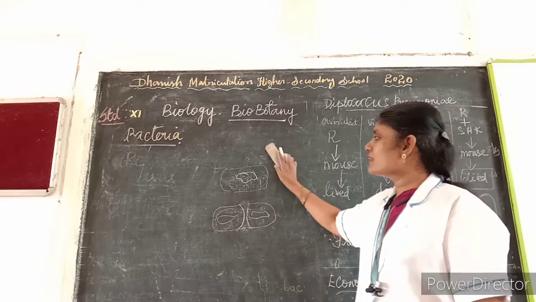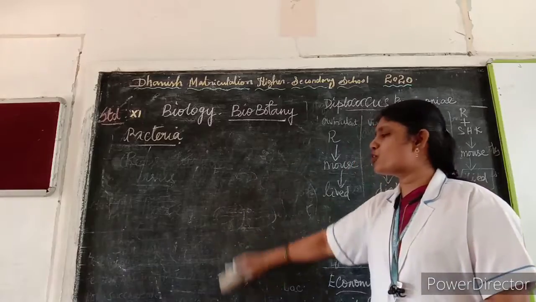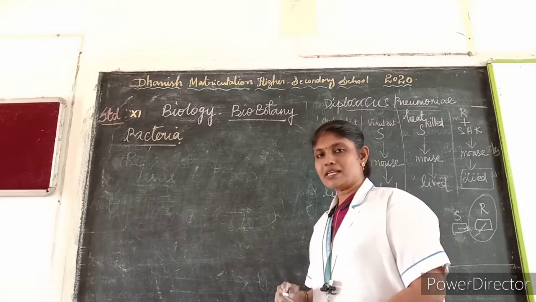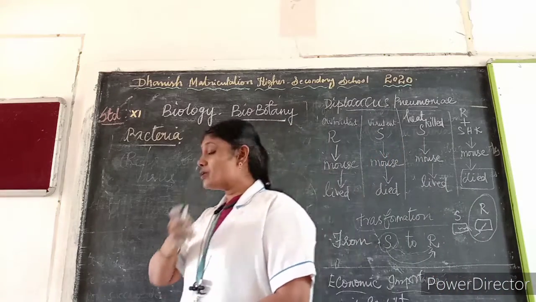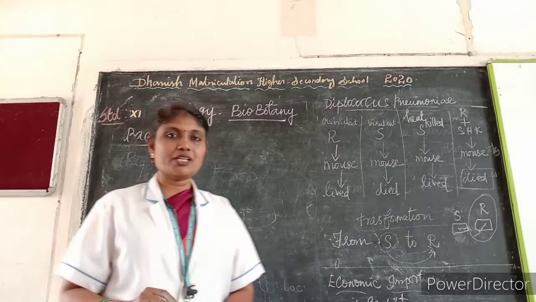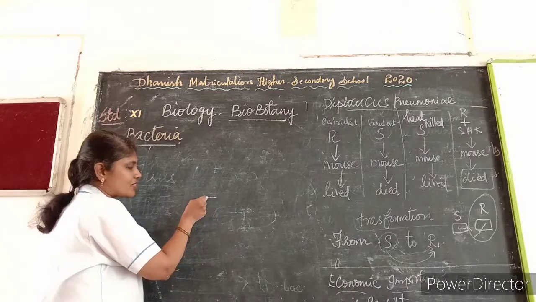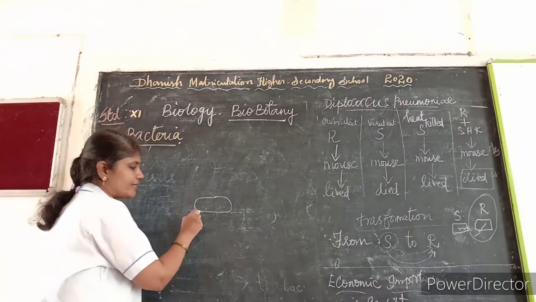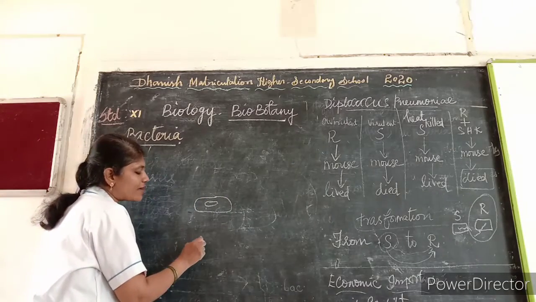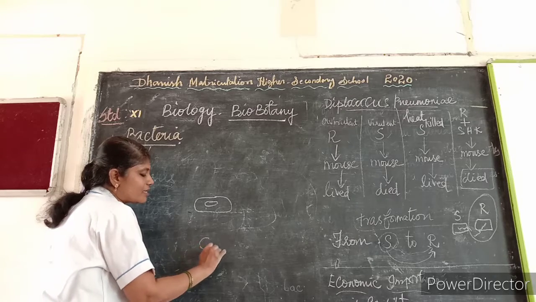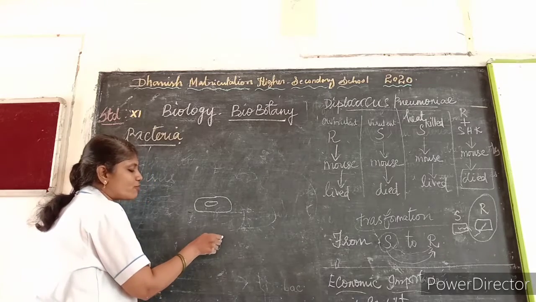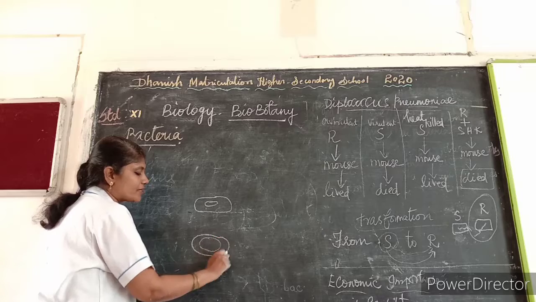Next we have the condition of endospore formation. So what is endospore formation? During unfavorable condition, this bacteria becomes rounded off in its structure. Bacterial cell will be like this. It gets rounded up and forms an encapsule.